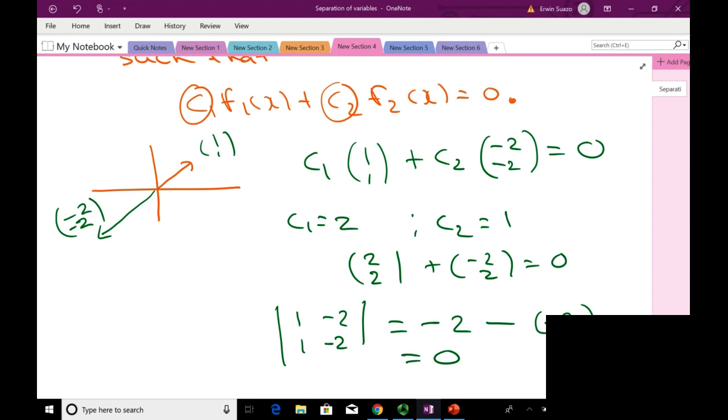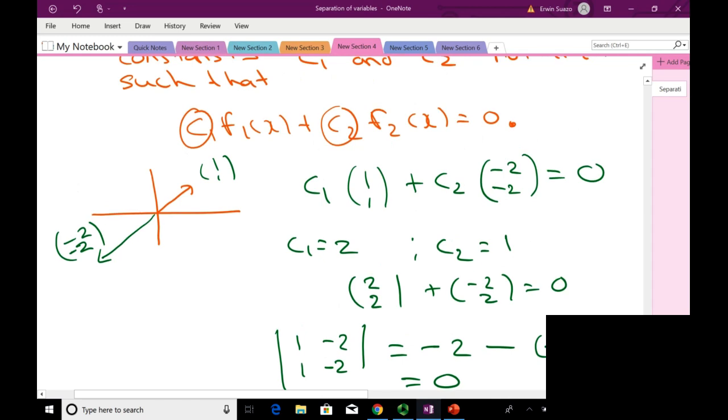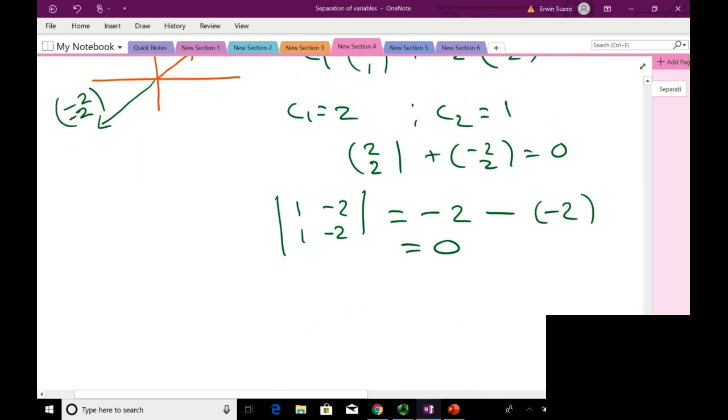So for functions, you don't have a determinant, and you could try to find these constants, but there is a proposition that says that f1 is linearly dependent on f2 if and only if the Wronskian is going to be 0.